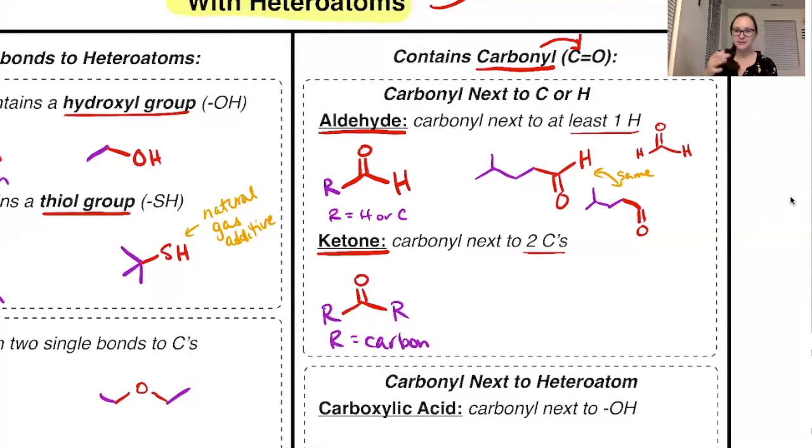It says carbonyl next to 2 carbons, so R has to be a carbon for this. So let's look back and look at an example of one of these. Maybe we can have a carbonyl and then have those carbons connect into a ring. That is one that I've used recently, so that's really why I drew it for you.